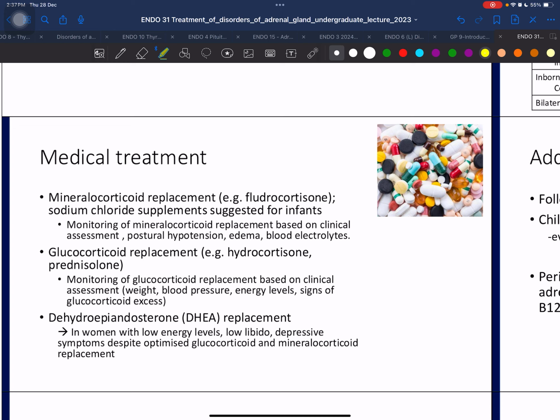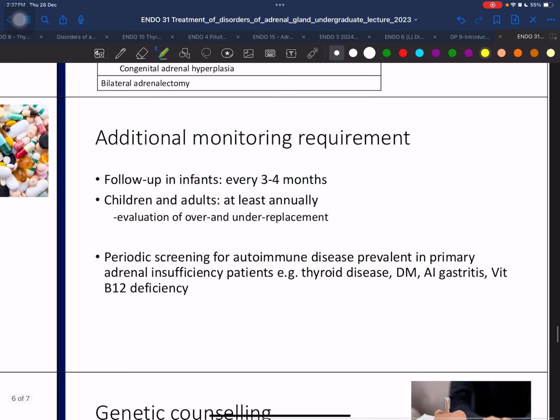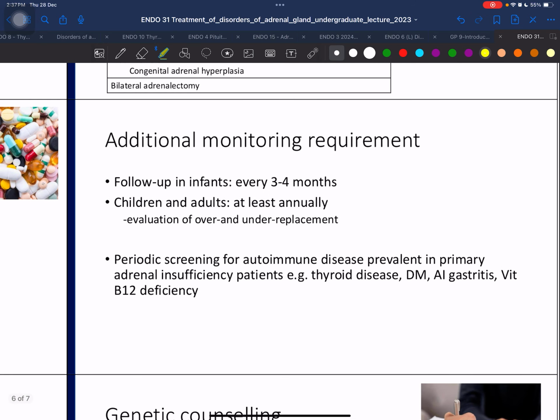Again, infant follow-up is very frequent, every 3 to 4 months. Children and adults are followed at least annually. You also periodically screen them for autoimmune disease, which is prevalent in primary adrenal insufficiency patients, because some of them are of autoimmune origin, if you remember the etiology.